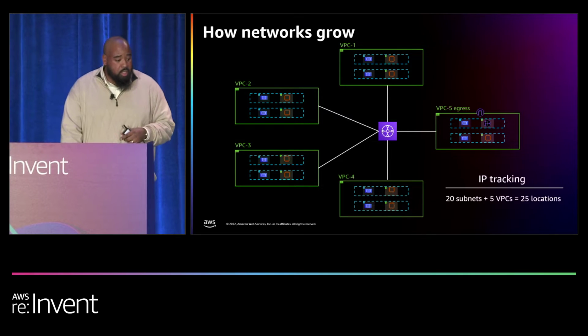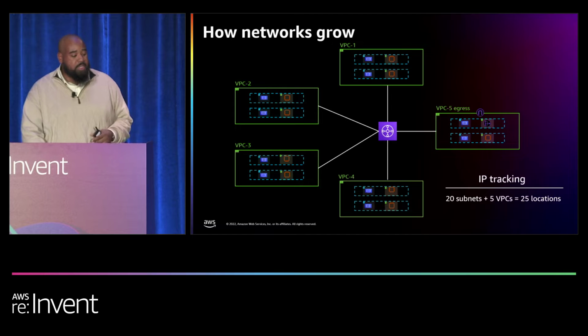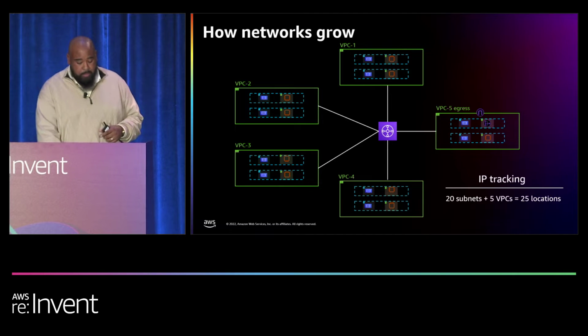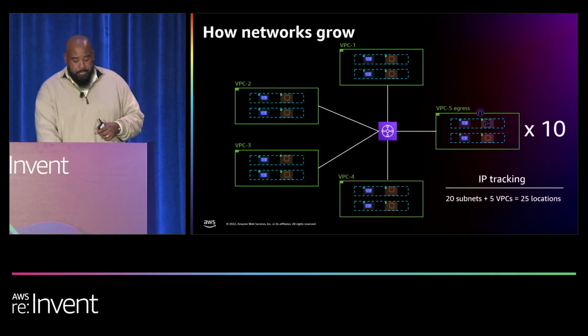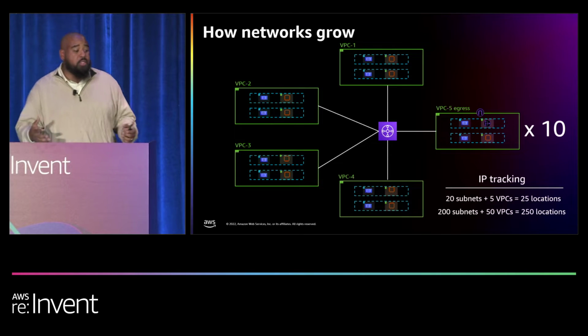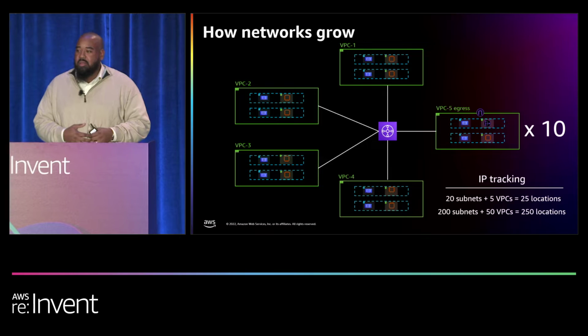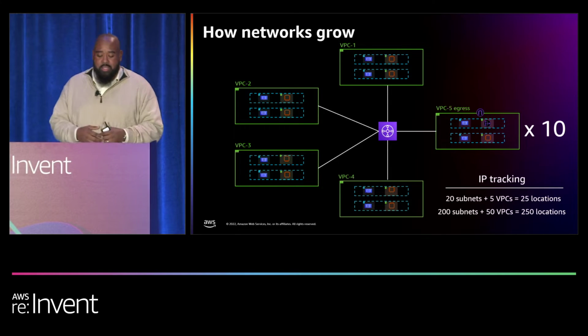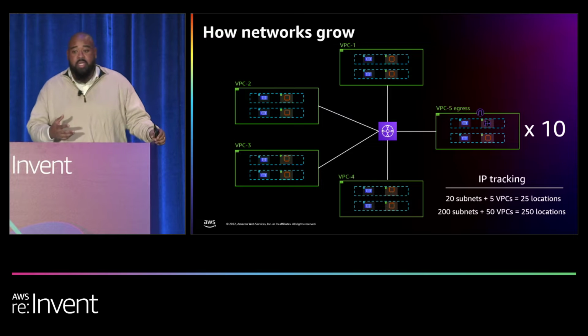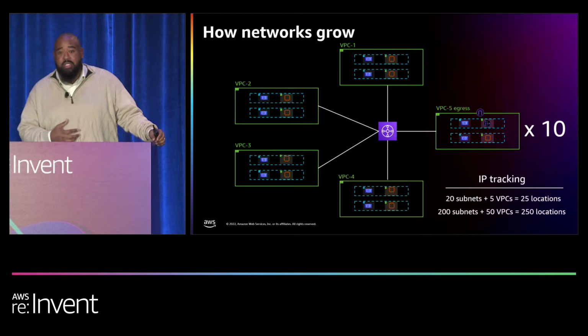When this happens, you are tracking 20 subnets, 5 VPCs for a total of 25 locations. And if you did this across 10 regions, you're tracking 200 subnets plus 50 VPCs for a total of 250 locations. Now, I don't know about you, but that's a lot of IP addresses to be tracking.